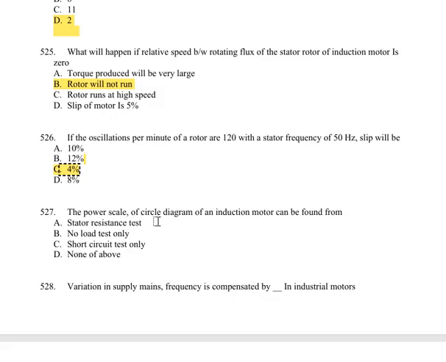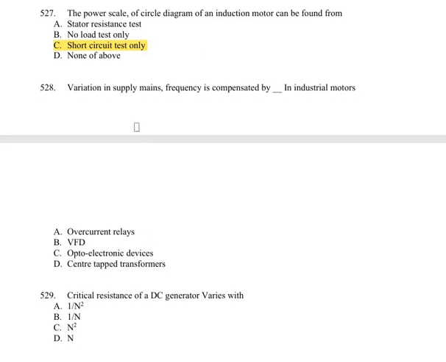The power scale of the circuit diagram of an induction motor can be found from the stator resistance test, no load test, short circuit test. The answer is C, short circuit test only.